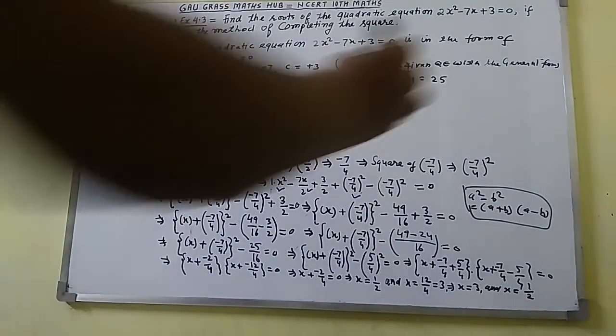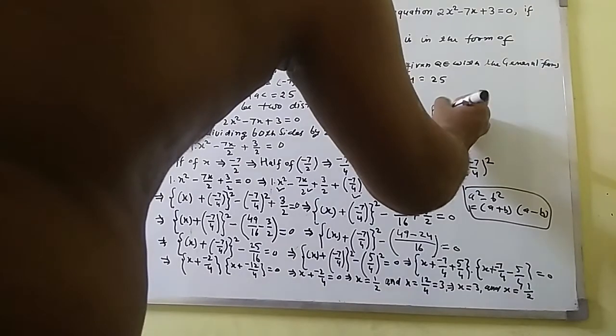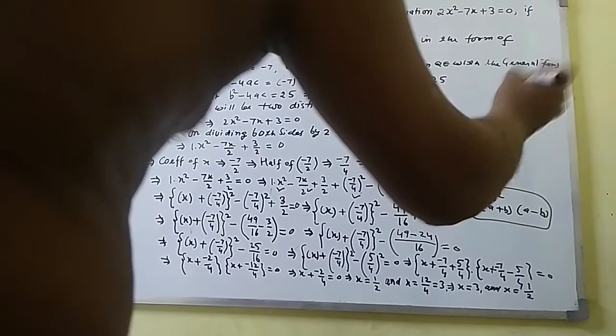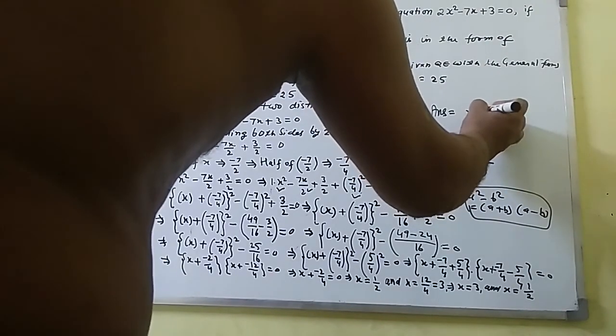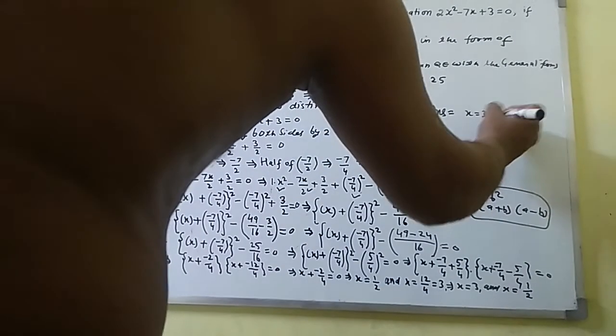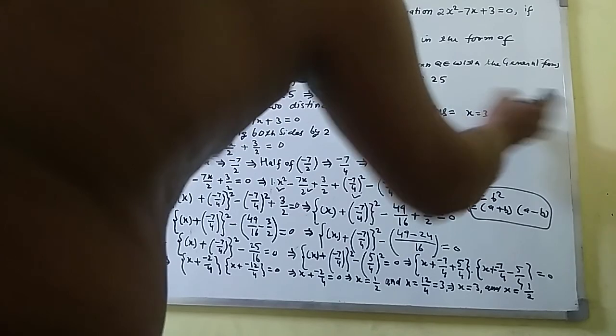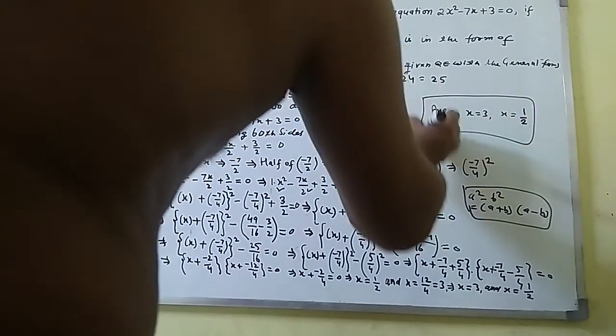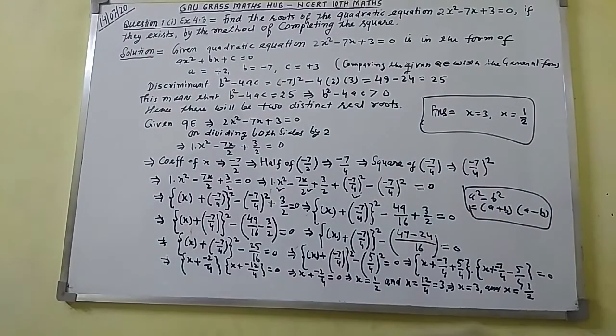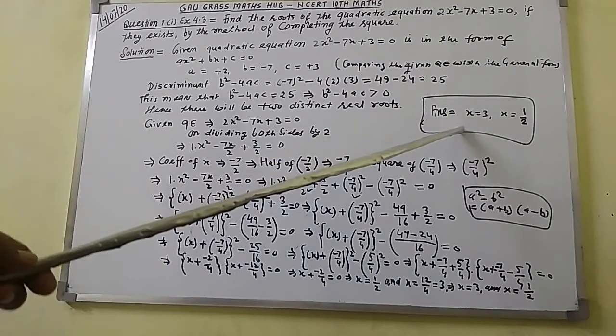So the answer in this case will be x equal to 3 and x equal to 1 by 2. Here we have got two roots.